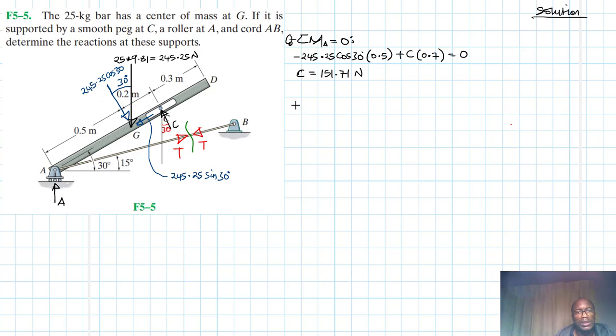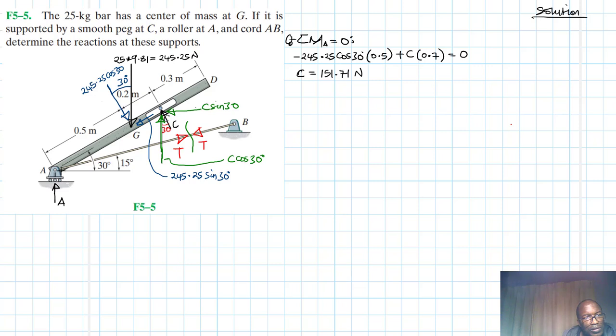All right, then let's apply the equations of equilibrium. Let's get the other components. So C will have two components. It will have one component in the vertical direction, which is C cos 30, and another in this direction, which is C sine 30.